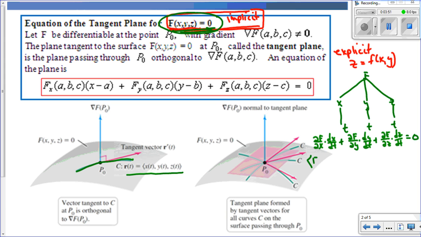That's the vector of the partial of f with respect to x, the partial of f with respect to y, and the partial of f with respect to z, dotted with the vector dx/dt, dy/dt, and dz/dt. Now, dx/dt, dy/dt, dz/dt is just r prime, the vector x prime of t, y prime of t, and z prime of t, which is just the tangent vector.